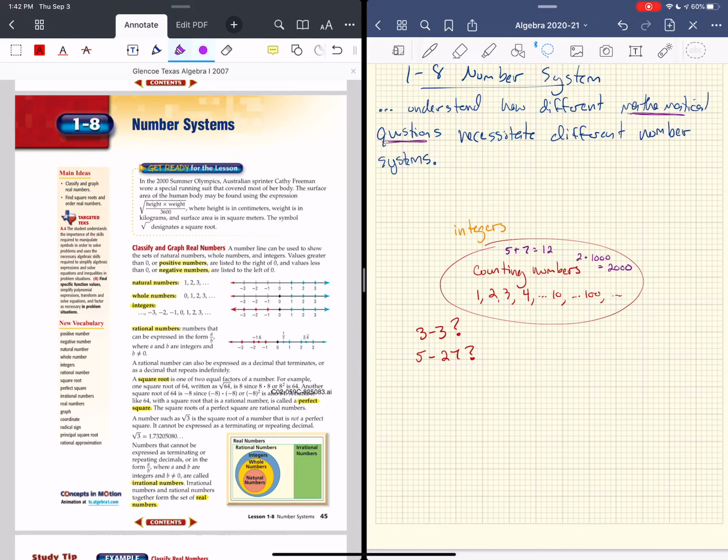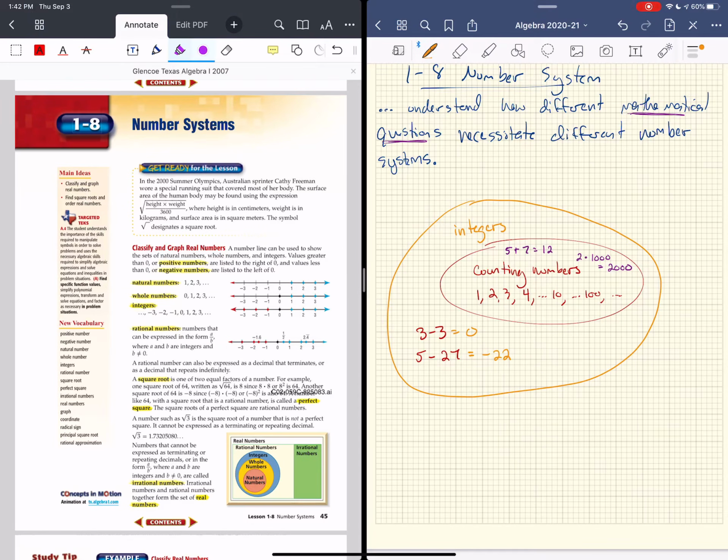And the integers are going to include all the counting numbers, but they're also going to have the answer to questions like 3 minus 3. So now all of a sudden, this isn't a question for us anymore. Now we can actually say, oh, that's 0. And something like 5 minus 27, that's not a question for us anymore. Now we can actually say, oh, that's negative 22.